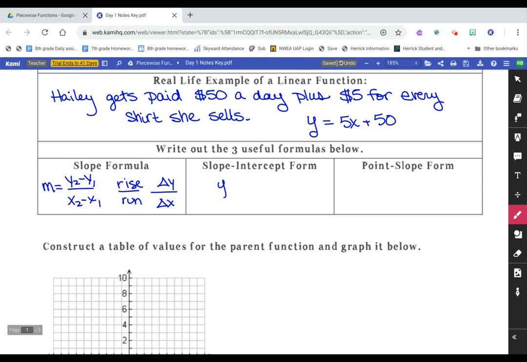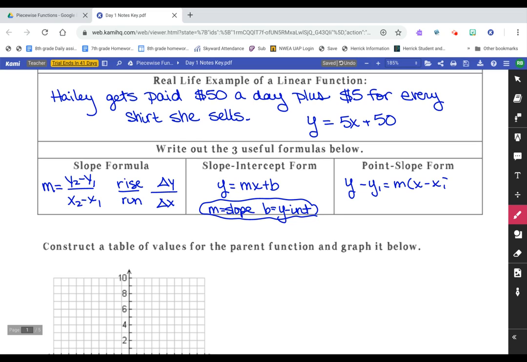Slope-intercept form, y equals mx plus b, where m is your slope and b is the y-intercept. Okay, and then point slope form would be y minus y1 is equal to m times x minus x1.